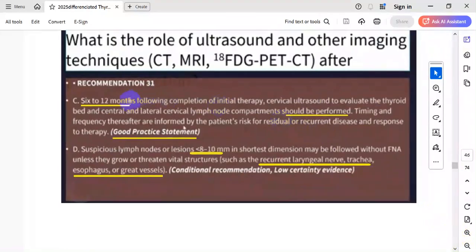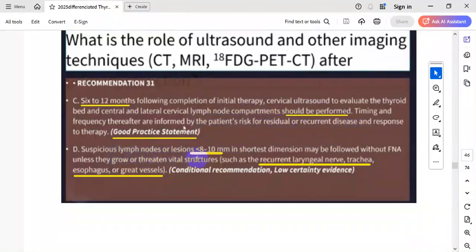And when do we do ultrasound? 6 to 12 months following completion of initial therapy, cervical ultrasound to evaluate the thyroid bed and central and lateral cervical lymph node compartments should be performed. Timing and frequency are informed by the patient's risk for residual or recurrent disease and response to therapy.